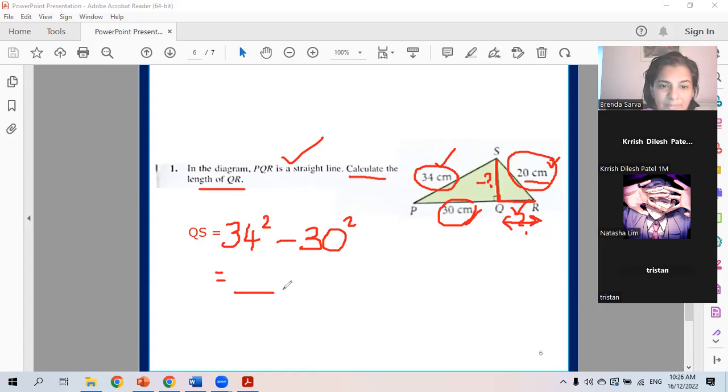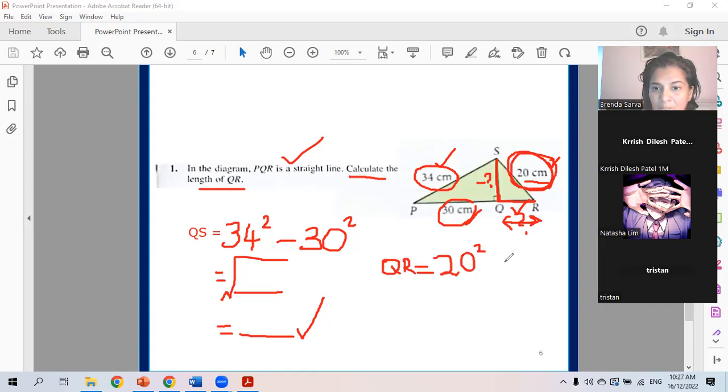And then you will get something. And you square root that answer and you will get QS. Got it? Now to find QR, you got to do the same thing again. This is your hypotenuse now. So you take 20 squared and you minus the QS squared. And then you will get an answer and you square root that answer and you will get QR.